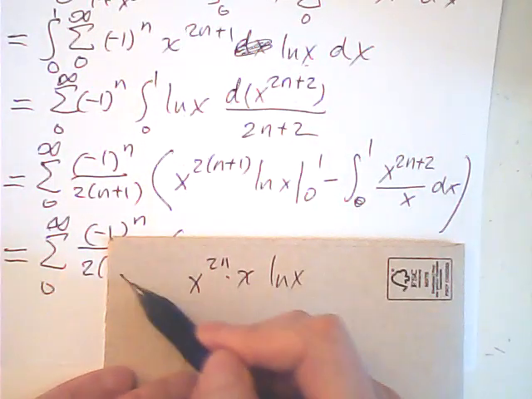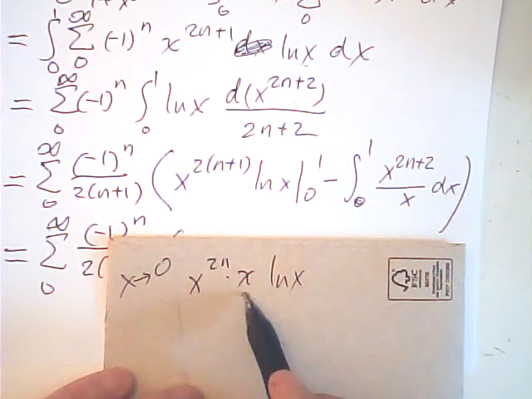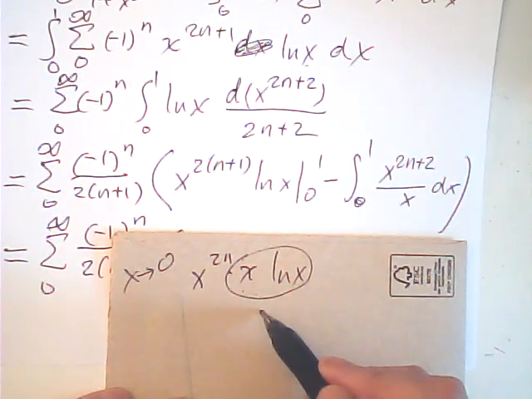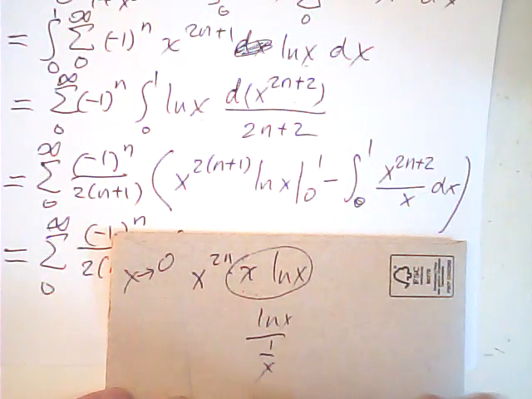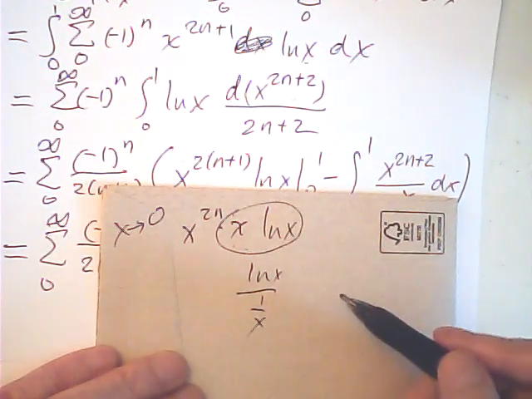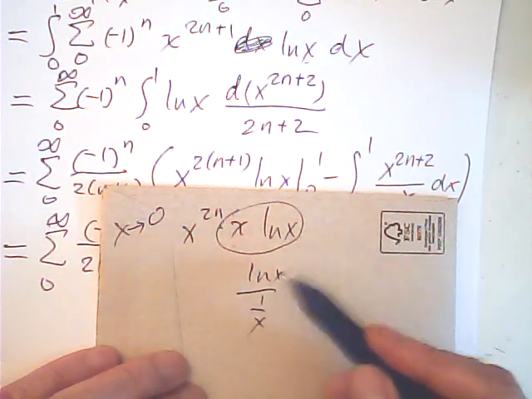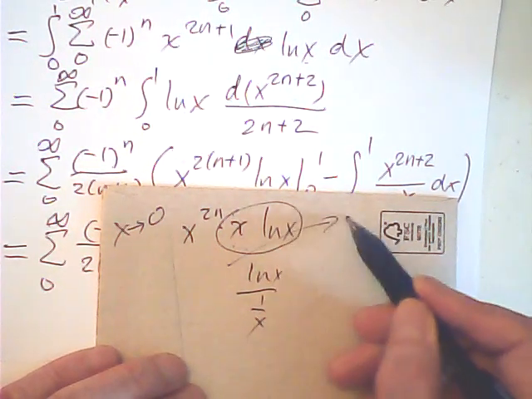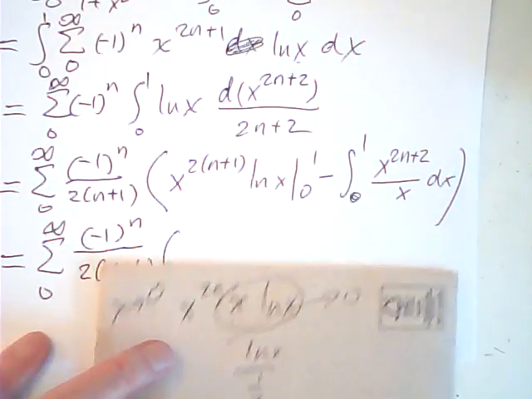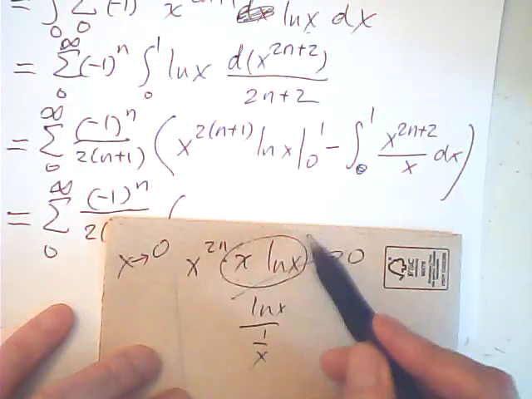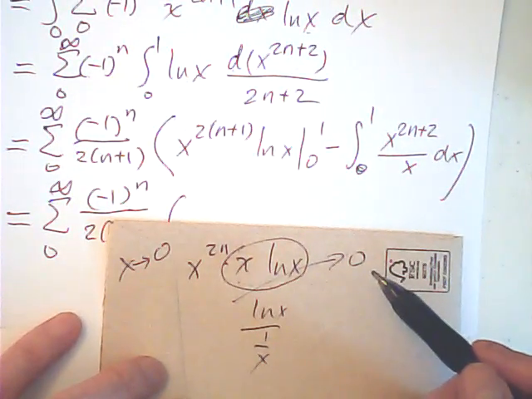Now x is approaching 0, then this could be written as log x over 1 over x, so you can use L'Hopital's rule. So this one goes to 0 anyhow. It's very easy, you can finish by yourself. So this whole thing goes to 0.